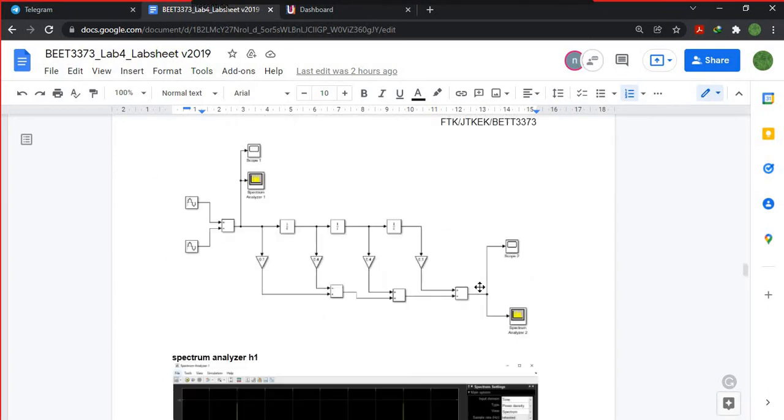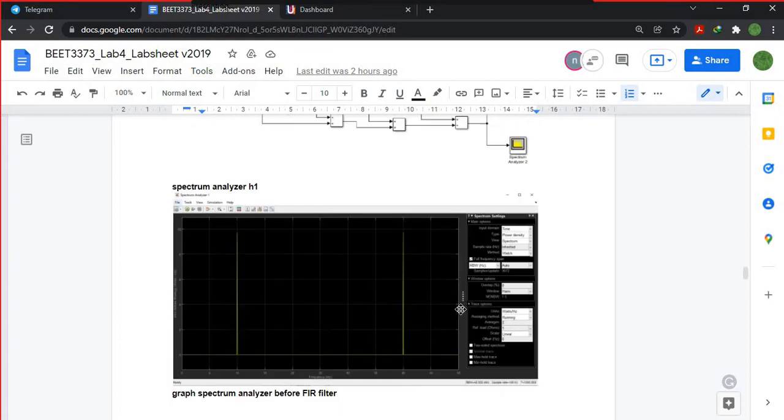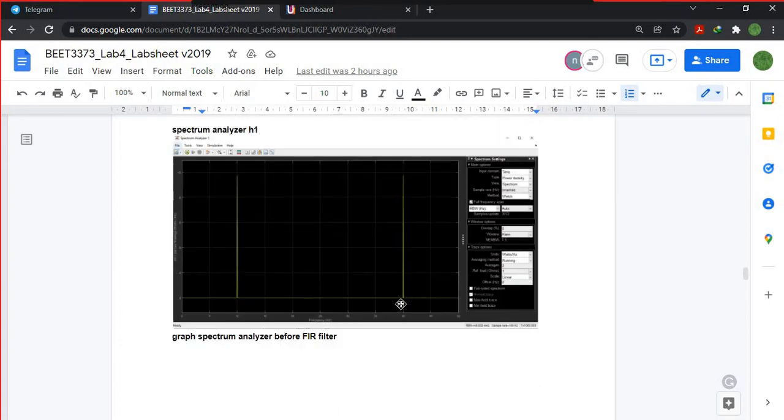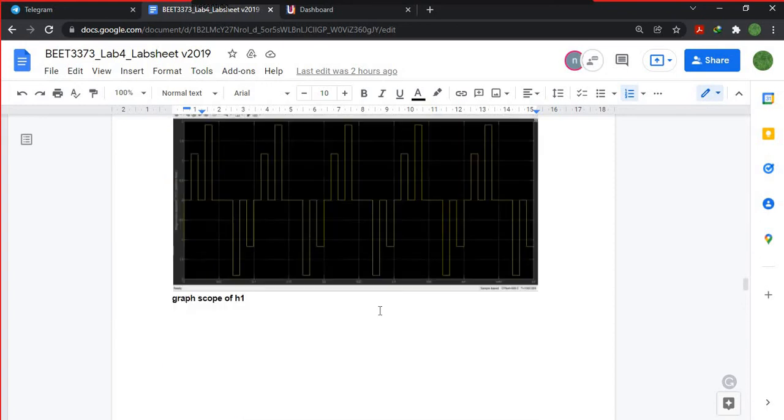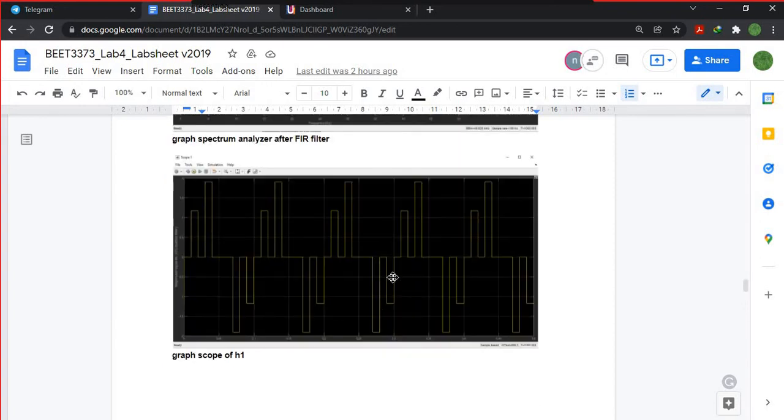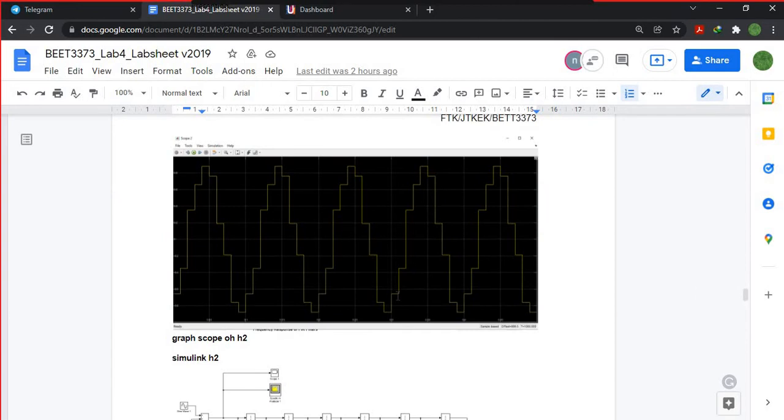As you can see here, this is H1: the spectrum analyzer before the FIR filter, and this is the analyzer after the FIR filter. So this is the scope for H1 and H2.